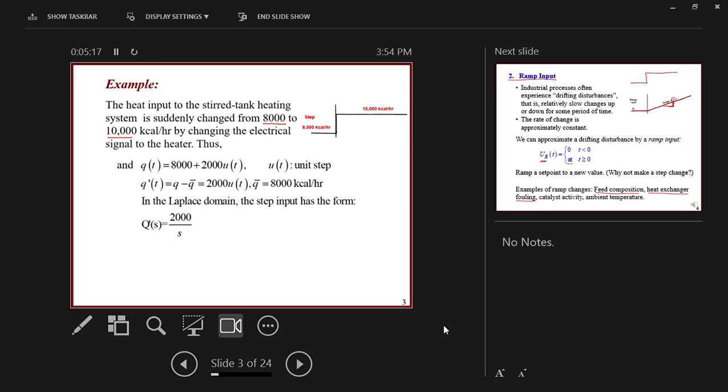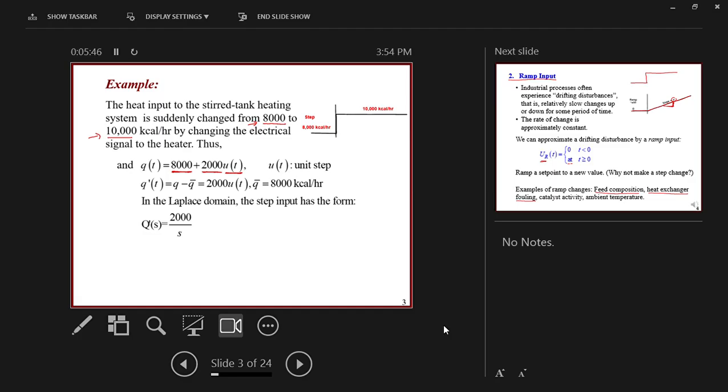The time domain representation of the heating load can be written as Q equal to 8,000, which is the value at steady state, plus 2,000, the difference between 10,000 and 8,000, times the step change U.